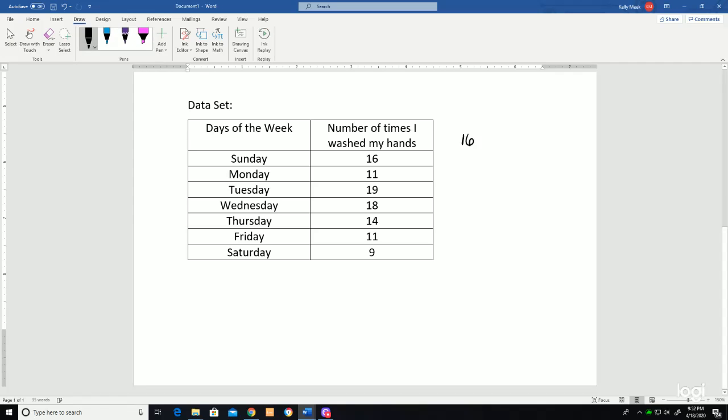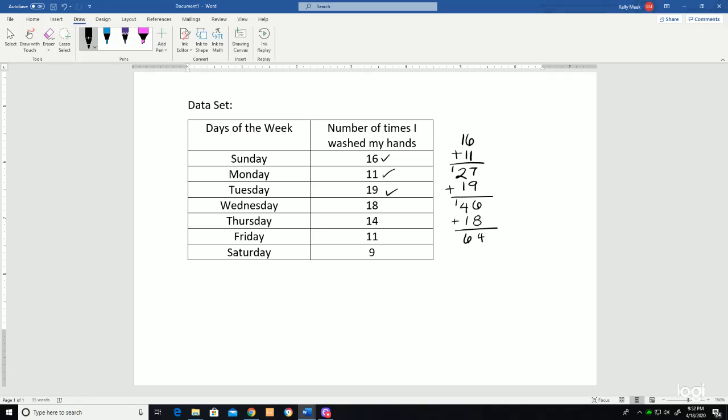So 16 plus 11, that's going to be 27. All right, so we took care of those two. We have 19 we're going to add next. 7 plus 9 is 16. Bring over that tens. Okay, so that's 46. We have 18. 6 plus 8 is 14. Carry that 1 over, that tens.